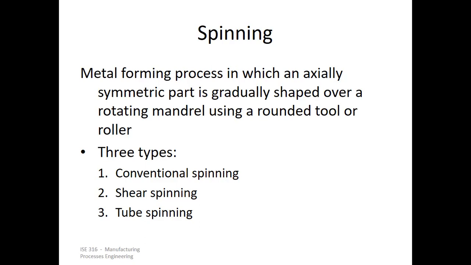So you can say it's a comprehensive way to say it. The spinning is a kind of metal forming process with an axially symmetric part, right? It has to be axially symmetric.